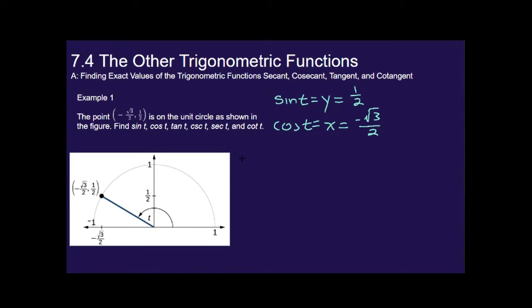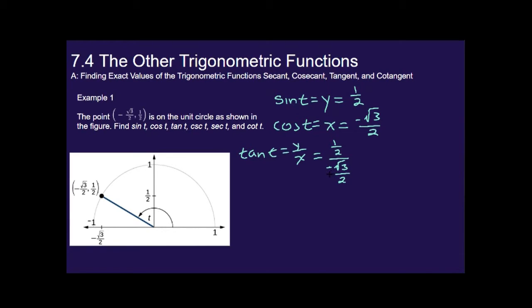And then we're going to find our tangent. Tangent of t is equal to y over x. Now this is where it's going to get a little complicated because we're going to have a complex fraction here. We have 1/2 as our y divided by -√3/2. Okay, so we have a fraction divided by a fraction.